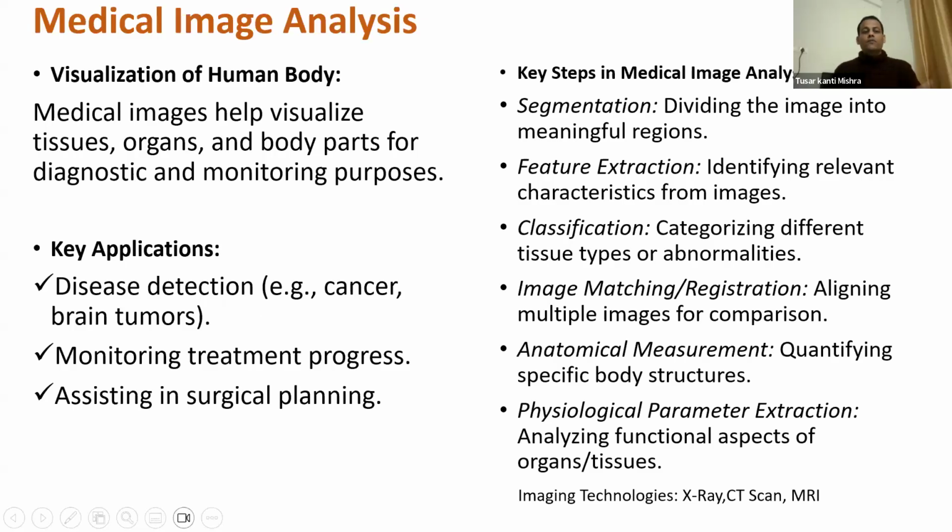Before we talk about medical image analysis, generally I start my talk with one verse from the Gita. The first verse says: Dharmakshetre Kurukshetre Samaveta Yuyutsavah, Mamakah Pandavashchaiva Kimakurvata Sanjaya. This is the question asked by King Dhritarashtra to his assistant Sanjaya.